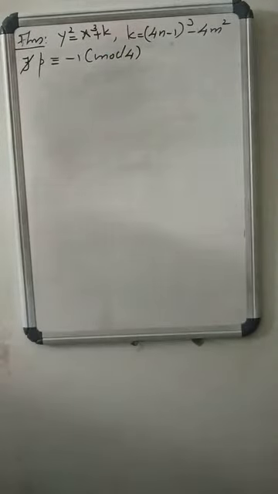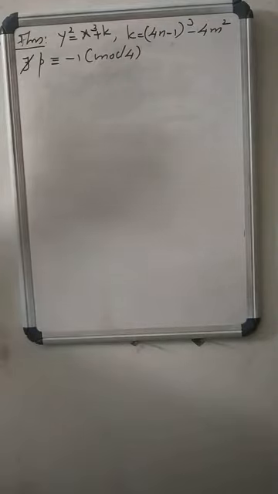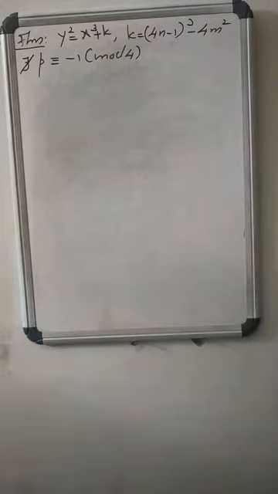This is our theorem. The theorem says that the Diophantine equation y square equals x cube plus k has no solution if k is of the form (4n minus 1) whole cube minus 4m square with m and n integers, such that there exists no prime p congruent to minus 1 mod 4 that divides m.